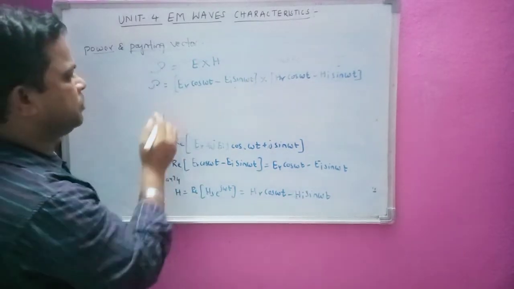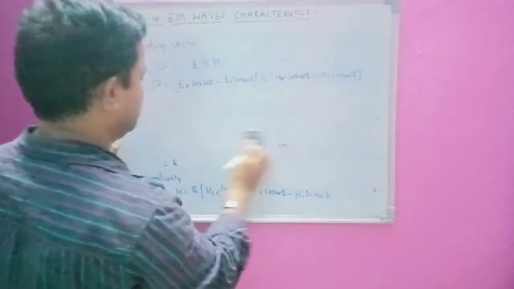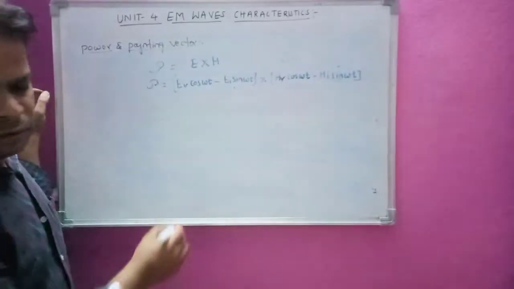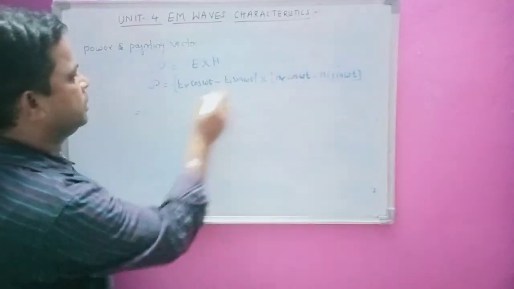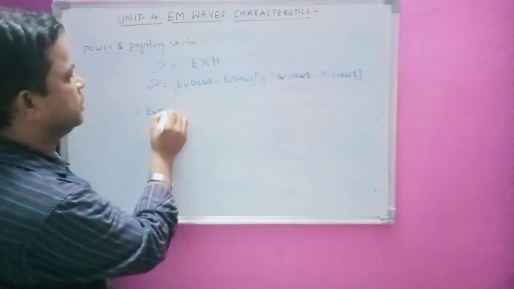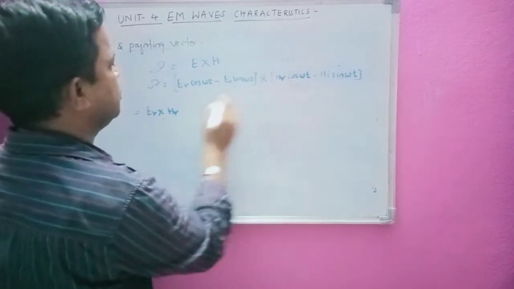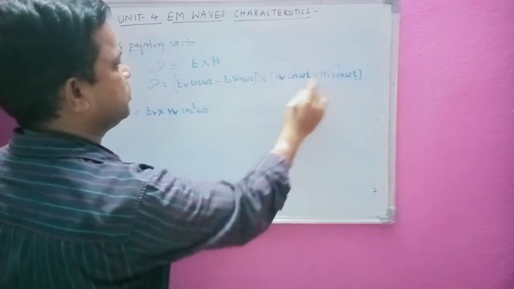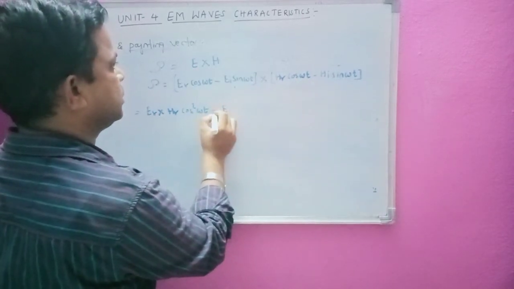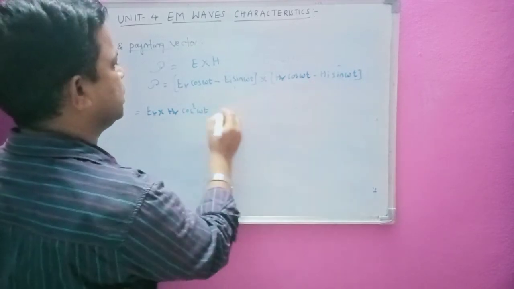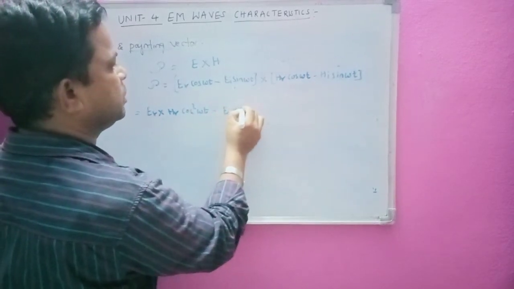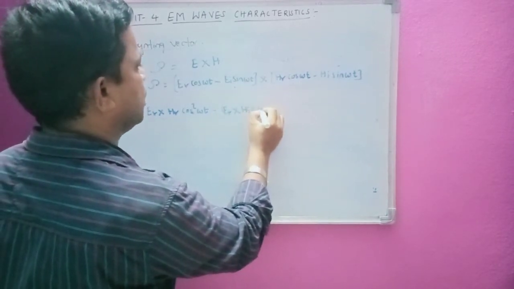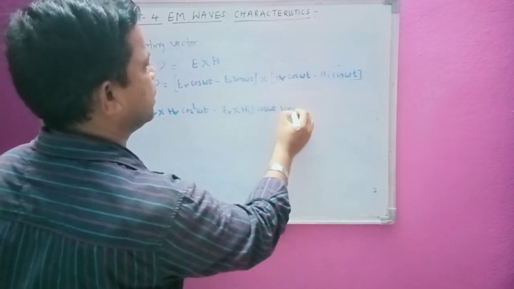Now if I take the cross product here, what I get here? I will get the big equation here. This equation I will get as Er cross Hr cos square omega t. Similarly I have to multiply this one into this one, that is minus Er cross Hi cos omega t sin omega t.